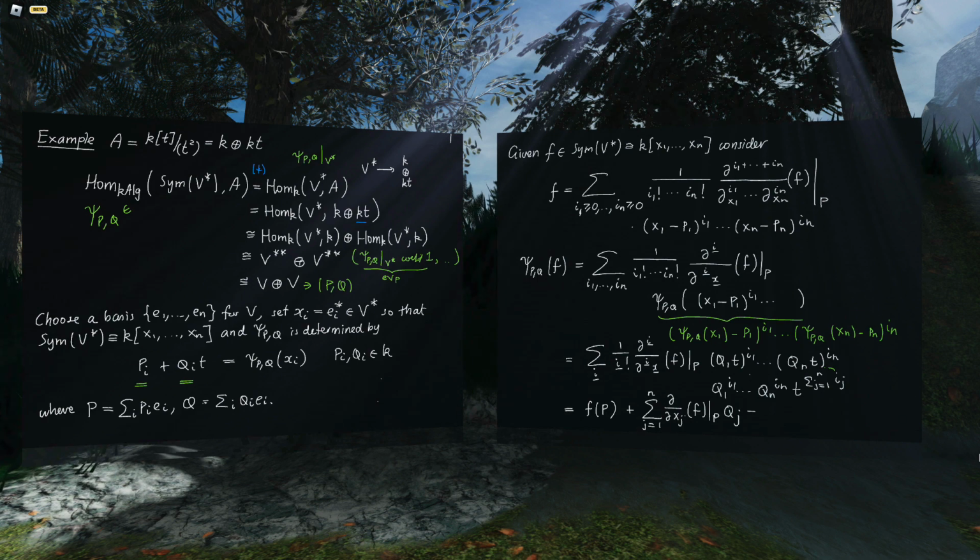Okay, so this is f(p) plus the gradient of f at p taking the dot product with q.